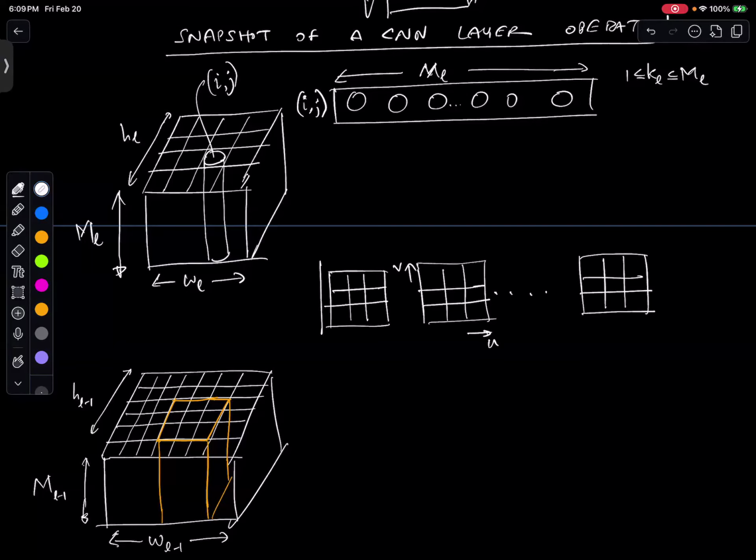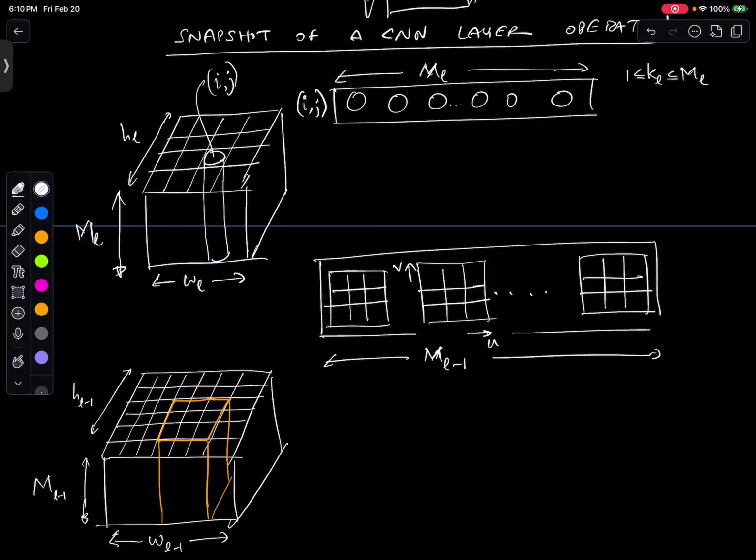I'm going to have M_L minus 1. Please interrupt me if I don't understand what's going on here, okay? So I'll explain it once more. It's 1 less than or equal to k_{L-1} less than or equal to M_{L-1}. k_{L-1} is a different index. So k_{L-1} points to a specific kernel of that filter, okay?